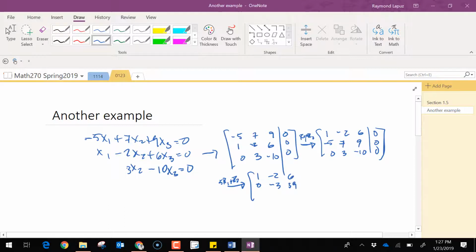We could, or we could just, I'm going to need to knock out this other one anyways, so I purposely chose a 3 for this one so that I can take it out. And then here I'll just add row 2 plus row 3 and replace row 3, and that would make the last row 0.